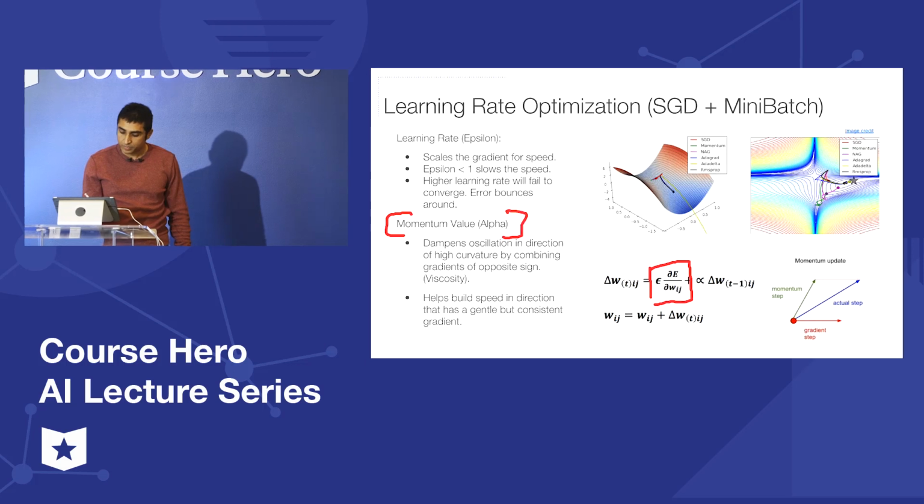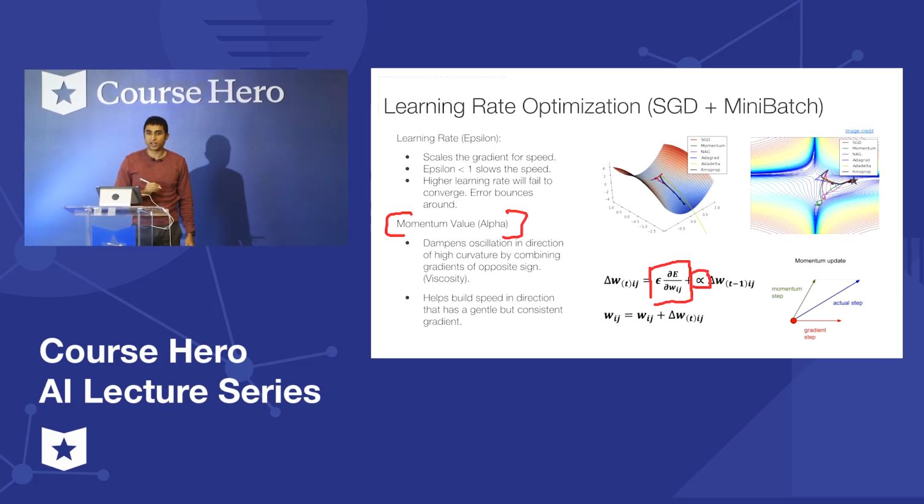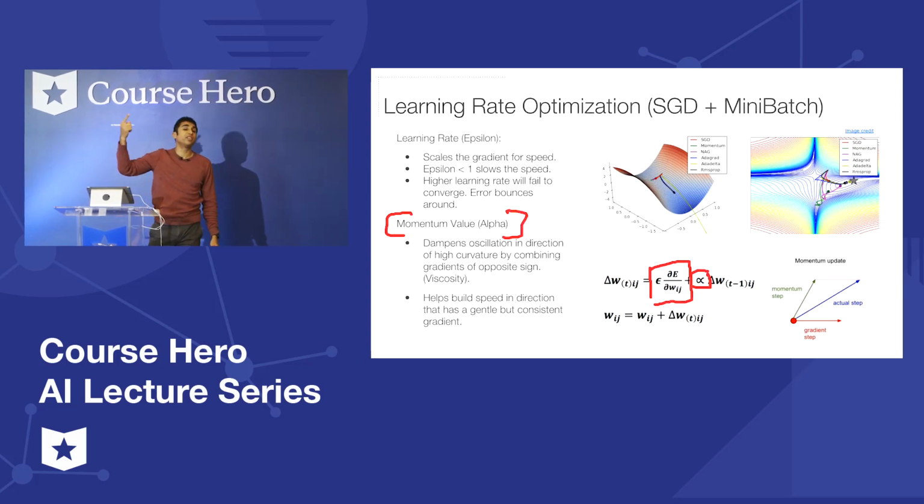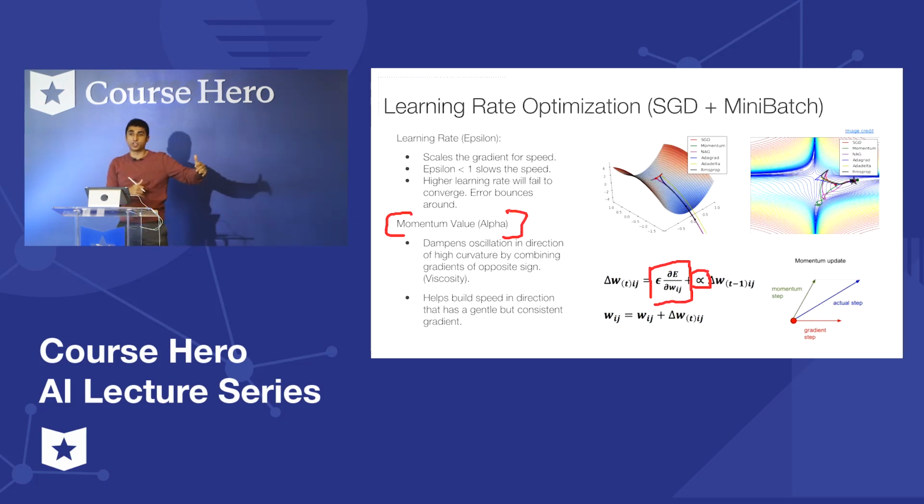You use another scaling factor over here on the previous gradient. You retain the previous gradient, and you say the total gradient is based on the direction that I got from the previous gradient. So previous gradient plus current gradient tells me the momentum. Momentum requires at least 2 points, right?